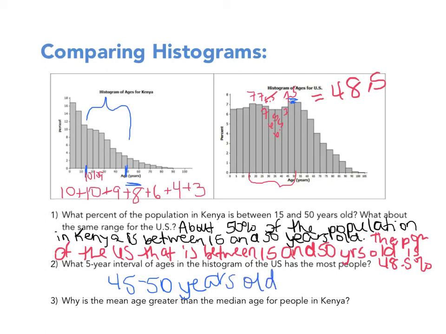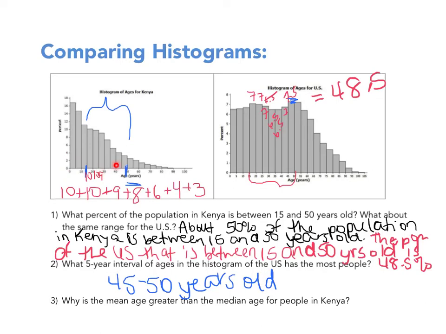And for our last question, why is the mean greater than the median age for people in Kenya? If you look at this, you see that it's definitely a skewed distribution, and it's right skewed because the tail is right here on the right. And remember, in skewed distributions, the mean gets pulled up by the tail, or if the tail was on the left side, it would be getting pulled down.